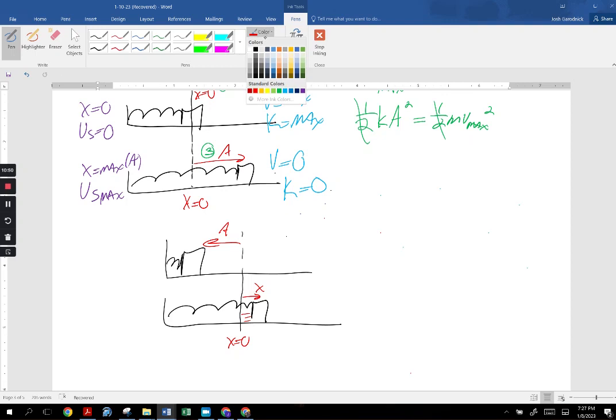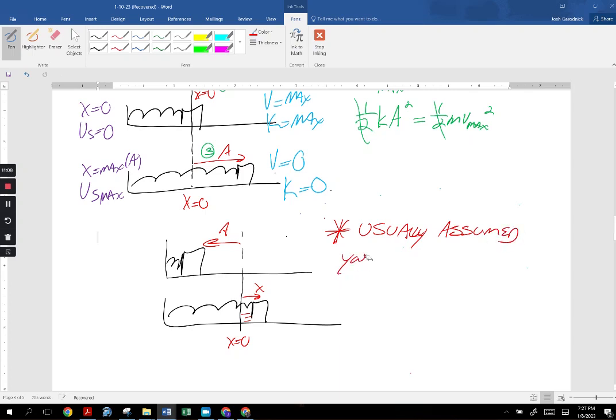When you see these kinds of scenarios, it's usually assumed that you start with all spring energy. I bring that up because you have to start with all of one type of energy, and it's usually springs.